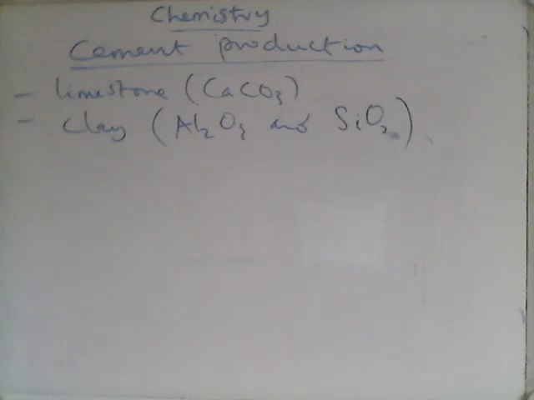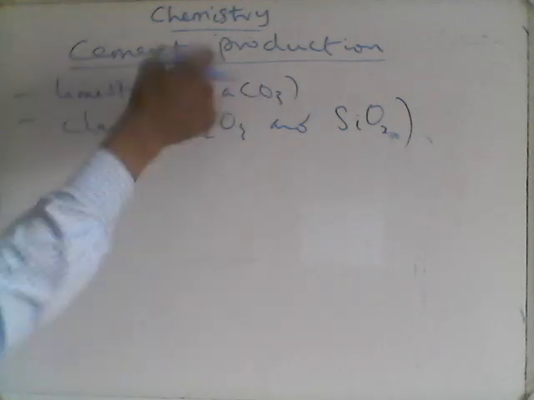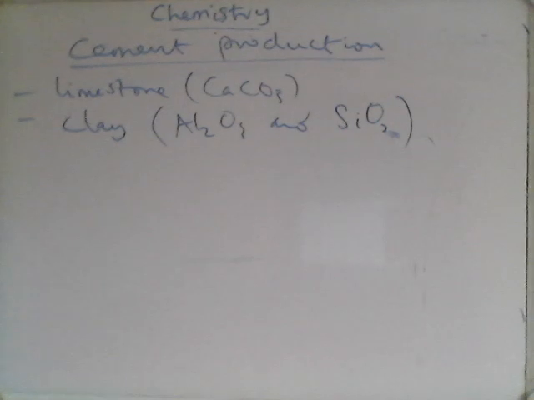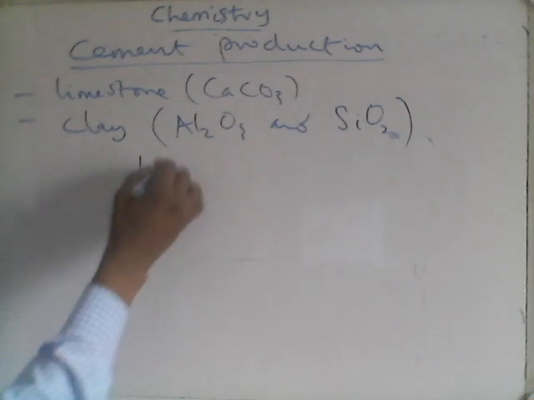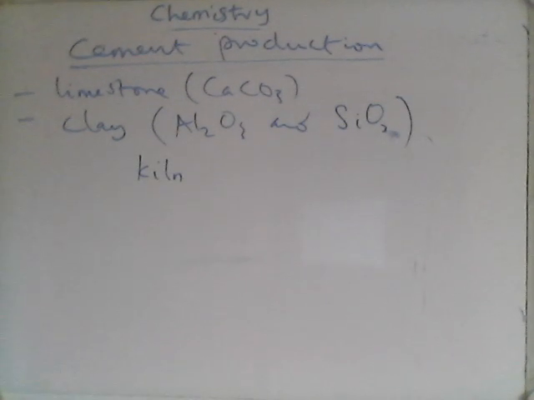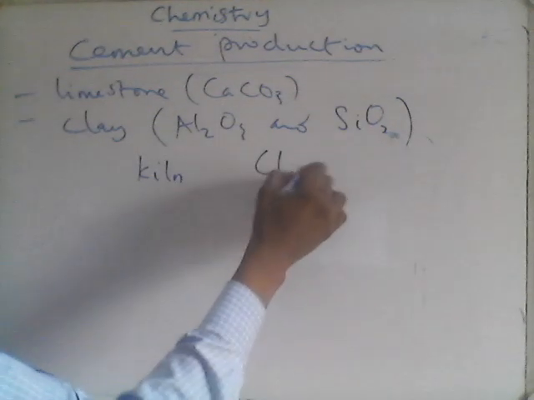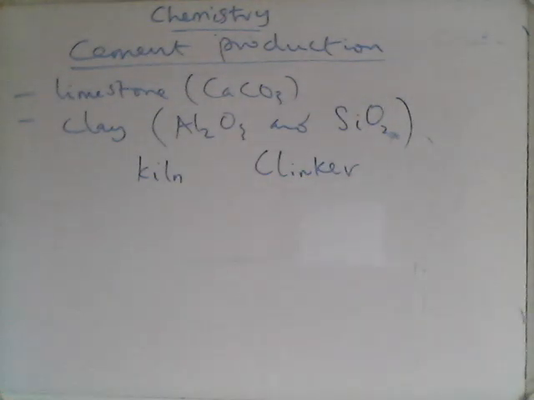Understand? The process involves mixing and crushing the raw materials, everything mixed and crushed. Then heating in a kiln to form a clinker. When that is done, you grind the clinker with gypsum to form cement. Cement is used for construction. We all know that.